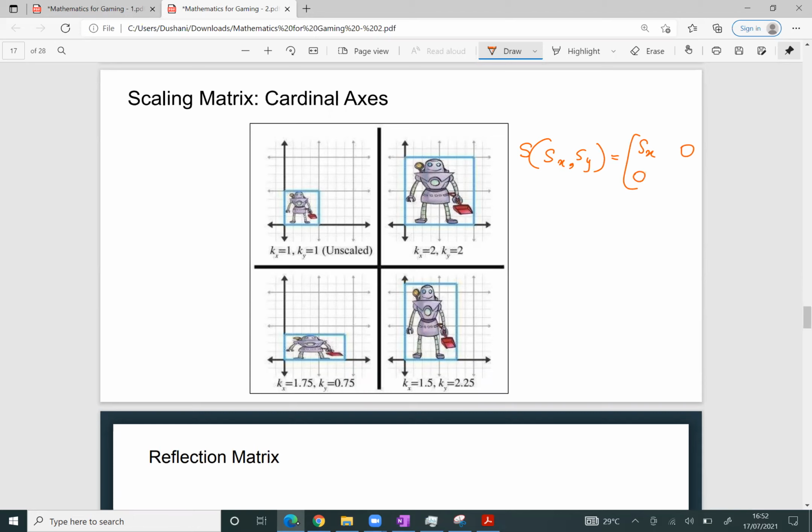Say this is the matrix that we are given, where Sx is the scaling about the x direction and Sy is the scaling about the y direction. If Sx equals Sy, then we say that this is a uniform scaling. Scaling is equal in both directions. So this definition can be generalized to an ND space using an ND scaling vector, which determines the scaling in each direction.